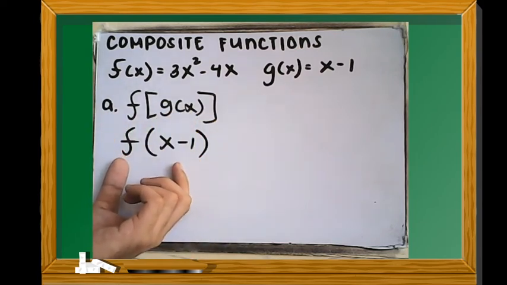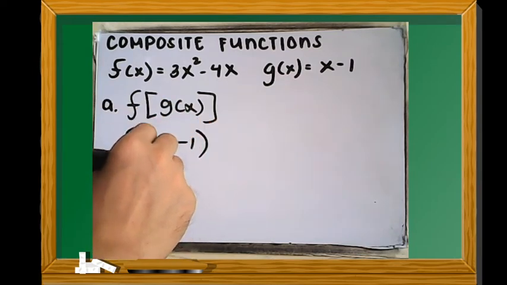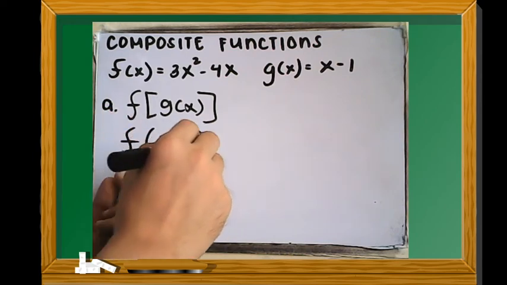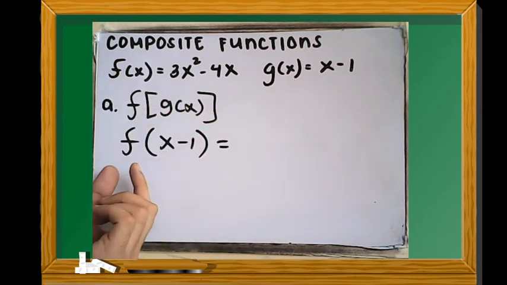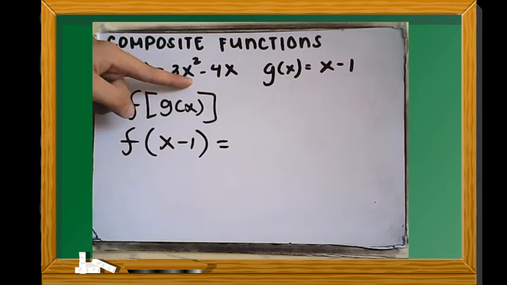And here, inside the parentheses, that is x minus 1. So f of x minus 1. So in this function, instead of x, you will use x minus 1. So you have to substitute x minus 1 as the values of x.